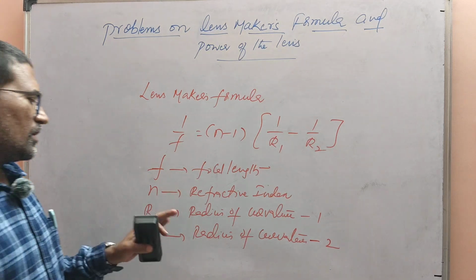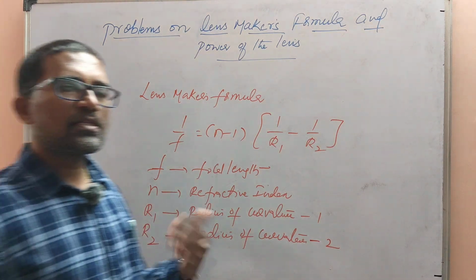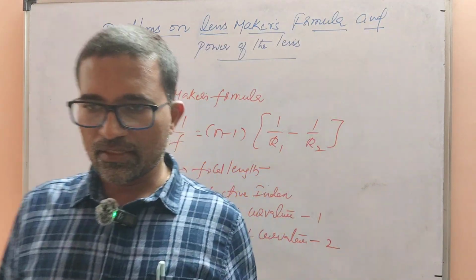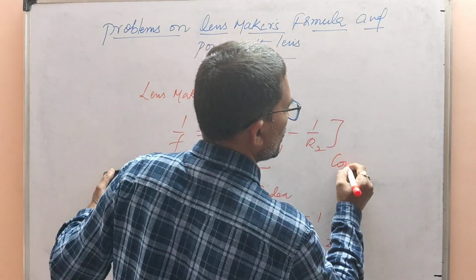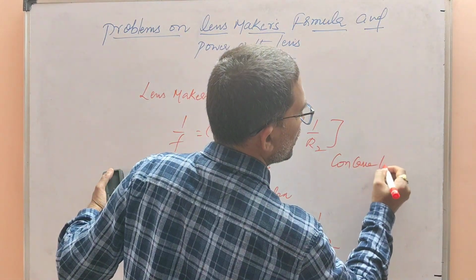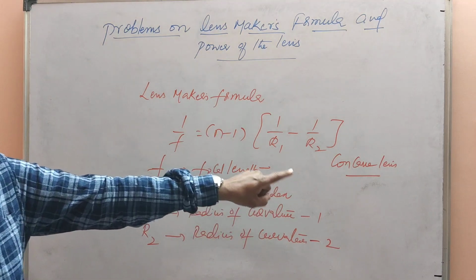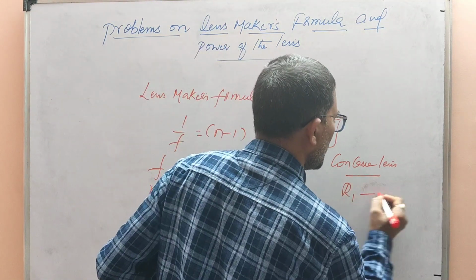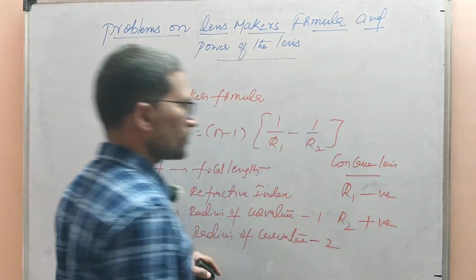The conventions for the R1 and R2 values for a convex lens are different, as well as for a concave lens. Sir, how do we have to take them for a concave lens? For a concave lens, the R1 value is taken as negative and R2 is positive.